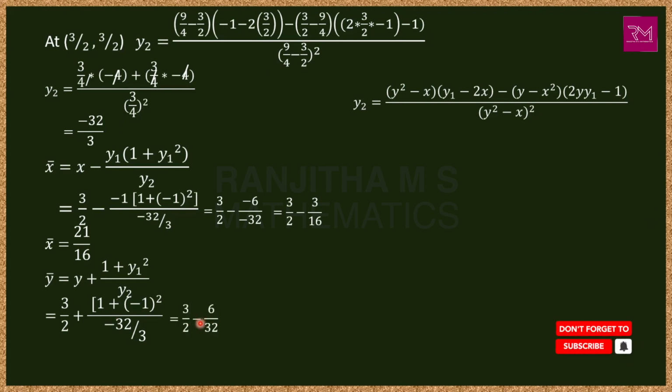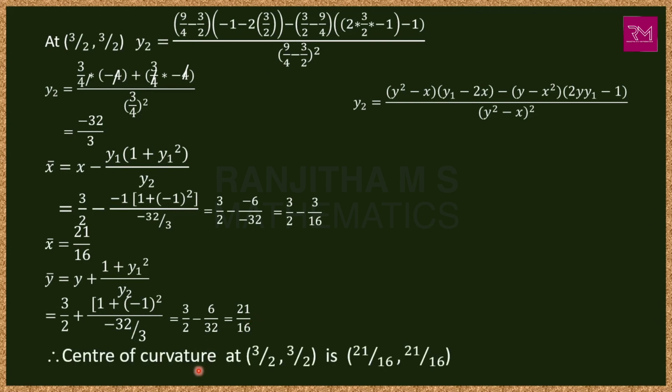Here plus into minus, minus, we get minus into (1 plus 1) is 2, 2 into 3 is 6, that is 6 divided by 32. Hence, taking LCM as 16 and simplifying, we get y bar as 21/16. Hence we get the center of curvature at the point (3/2, 3/2) as (21/16, 21/16). This is the center of curvature value.